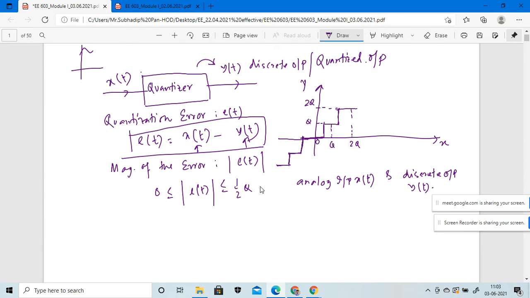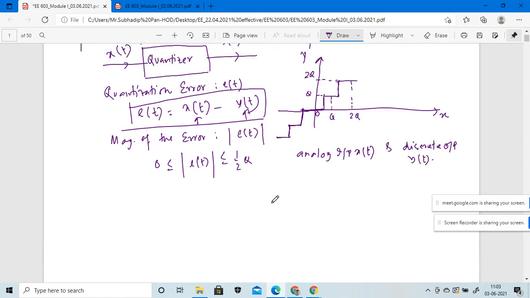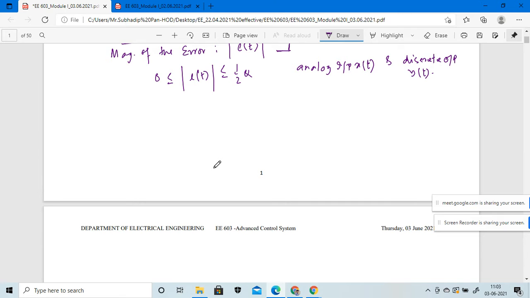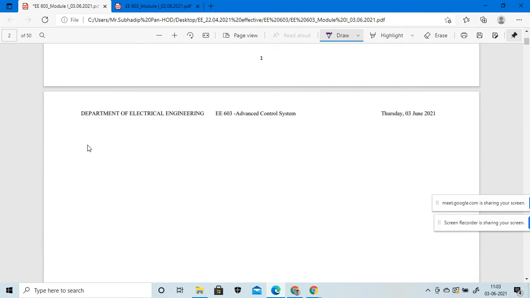If we reconstruct this characteristic, it will look like this.